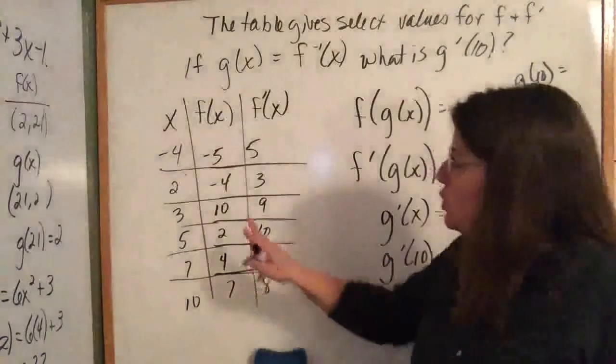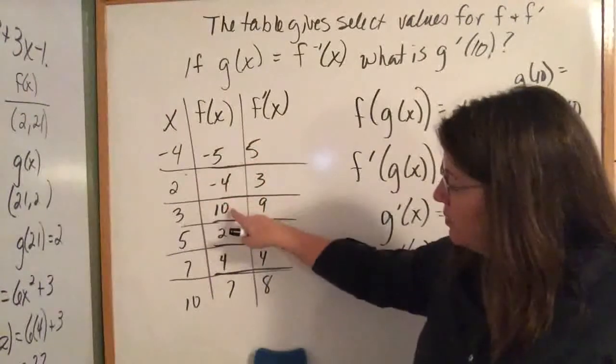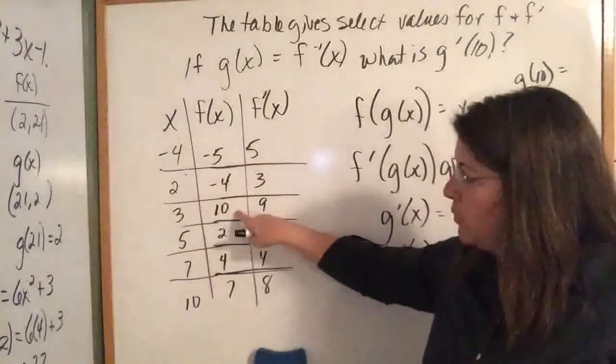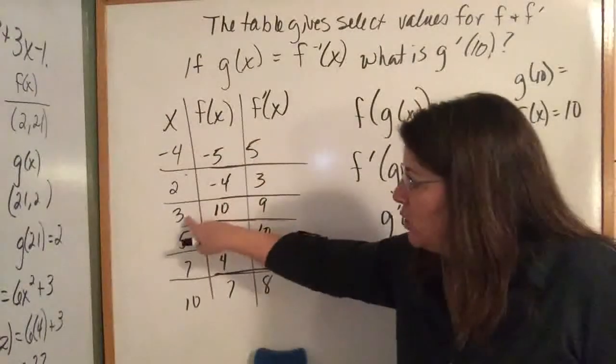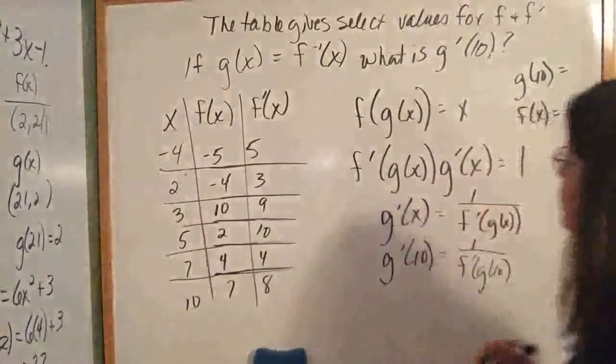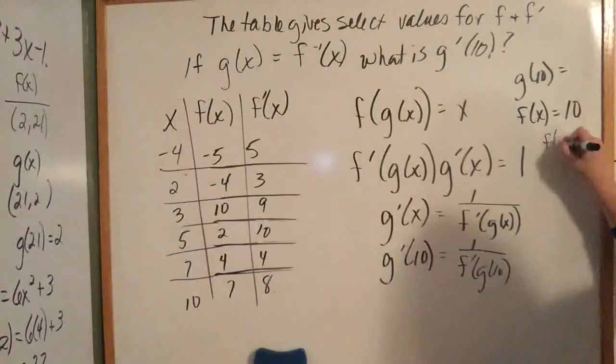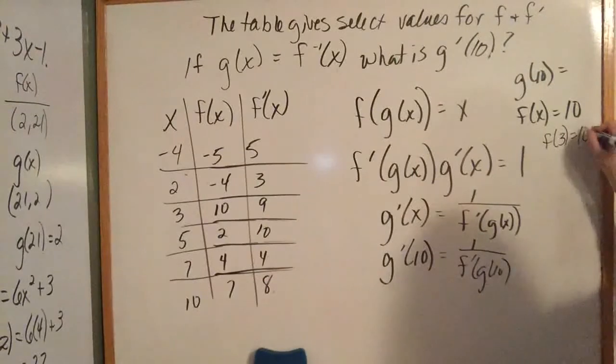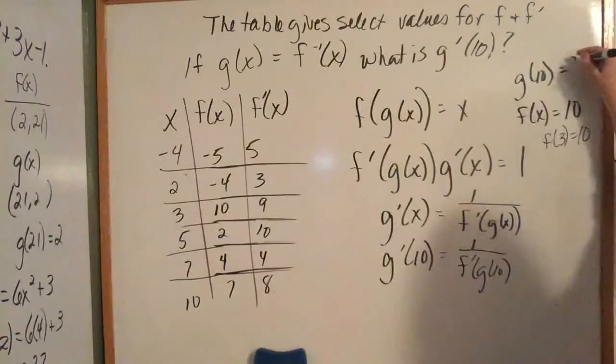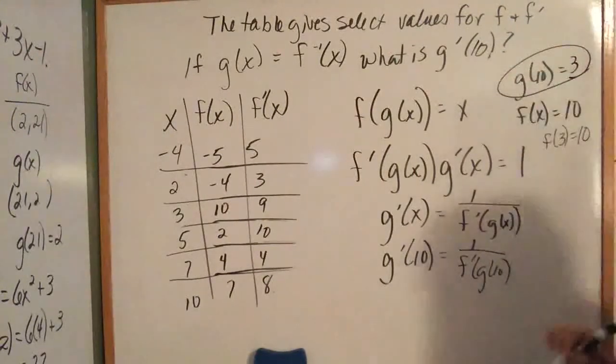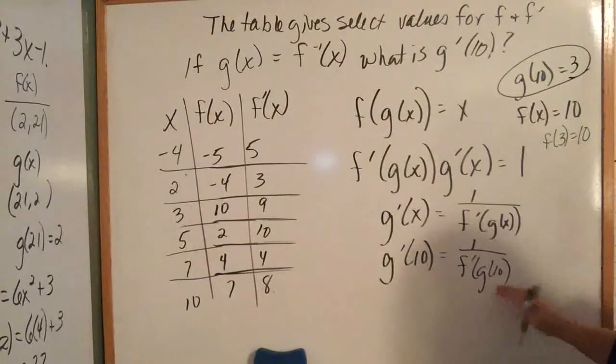So I'm going to go to my f of x, find where the f of x value equals 10. The x value when that happens is 3. So f of 3 equals 10. So that means g of 10 must equal 3. So g of 10 equals 3.